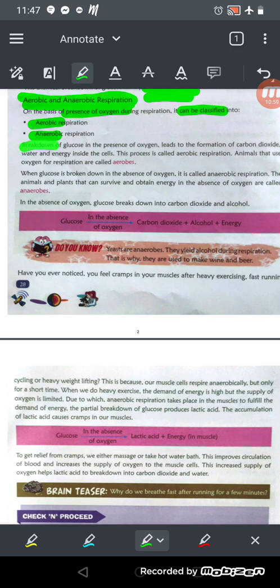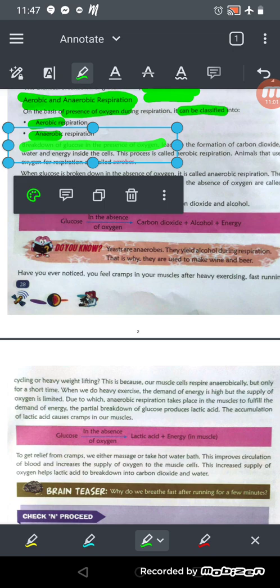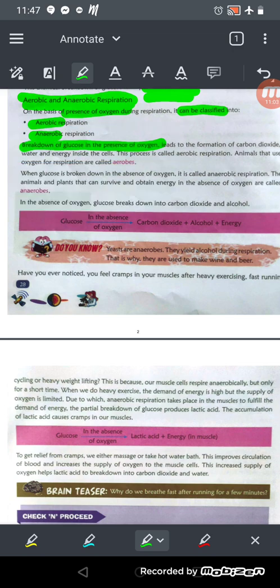Breakdown of glucose in the presence of oxygen. Remember what we have noticed here, presence of oxygen leads to the formation of carbon dioxide, water and energy inside our body. So again, all about cellular respiration: breakdown of glucose in the presence of oxygen leads to release or formation of carbon dioxide, water and energy.